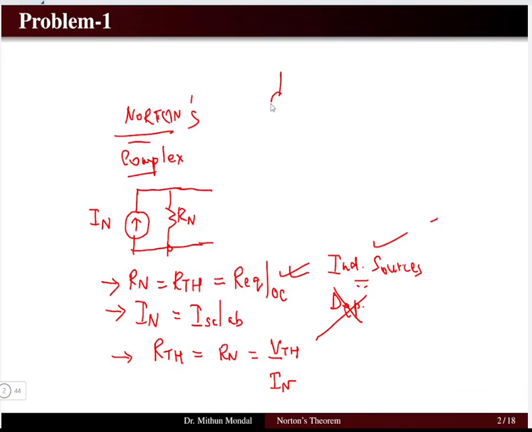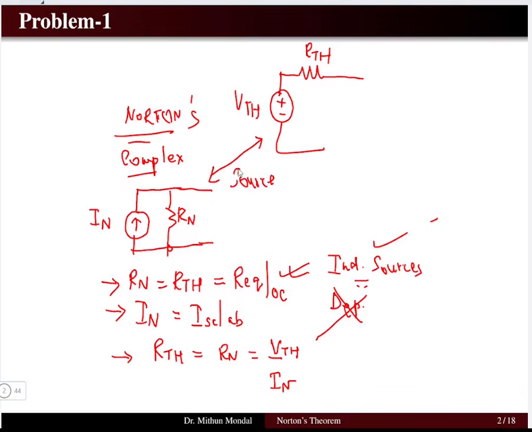Because in Thevenin's theorem we studied that if you have a voltage source V Thevenin, which is the equivalent voltage source at the terminal AB under the open circuit condition, it is in series with a resistance known as R Thevenin. If we observe these two circuits, the Norton circuit and the Thevenin circuit, both are related to each other by the source transformation concept.